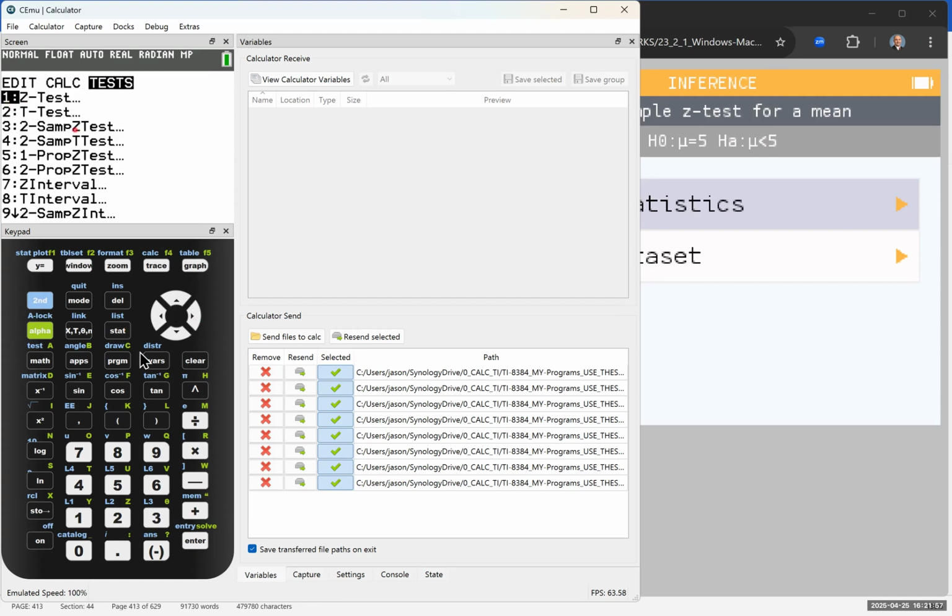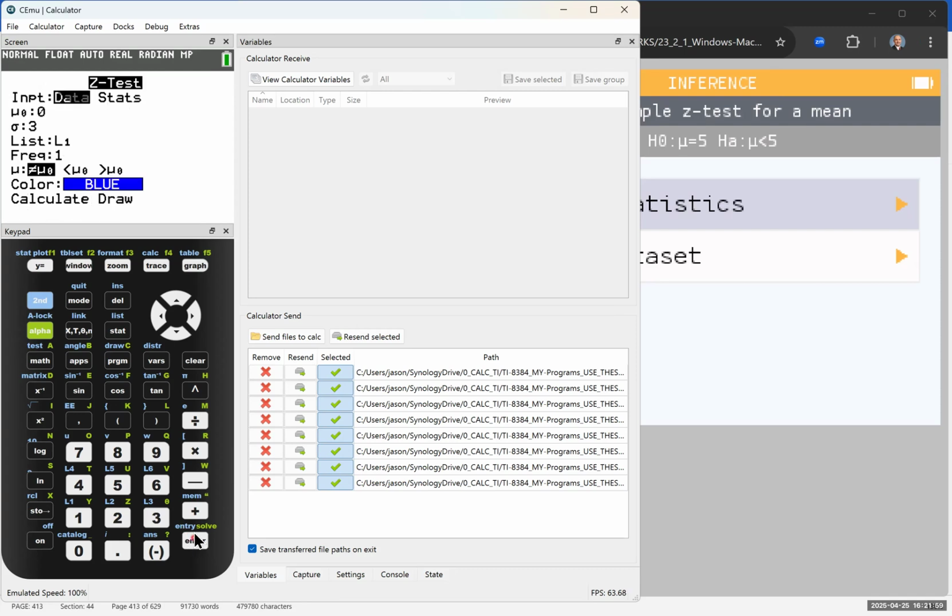And the first one is a z-test. Okay, and we're not going to be using data. Instead, we're going to be using stats. So notice with data, it has this list input. As soon as I switch it over to stats and hit enter, that list input goes away. So now we're going to be putting stats in.